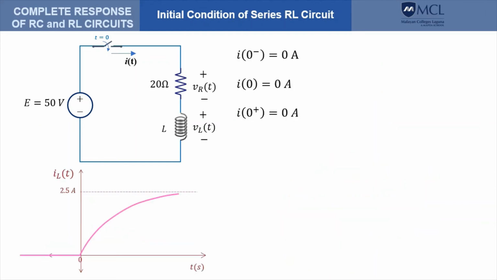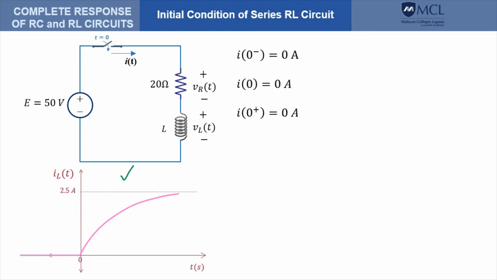Now let's go to the initial condition of a series RL circuit. We replace the capacitor with an inductor, and again we assume that there's no voltage applied before t equals 0. Then at t equals 0, we apply the voltage, and it will give you a current that will look like this one. We will be deriving these curves as we go along.